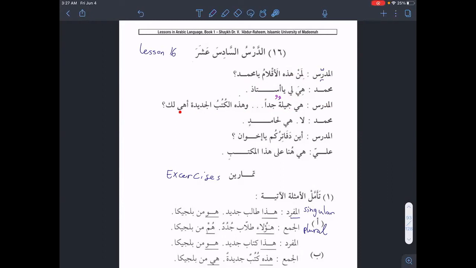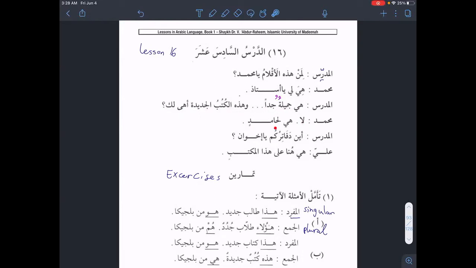وهذه الكتب الجديدة أهي لك؟ They are so beautiful. And these new books, are they yours? محمد: لا، هي لحامد.